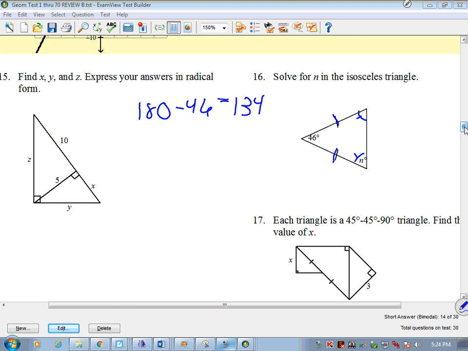And then that 134 degrees has to be split between those two angles evenly. So we can divide that by 2, and we should get, I believe, 68. But I'm going to check 134 divided by 2. Oh, I was wrong, 67. So n equals 67 degrees.